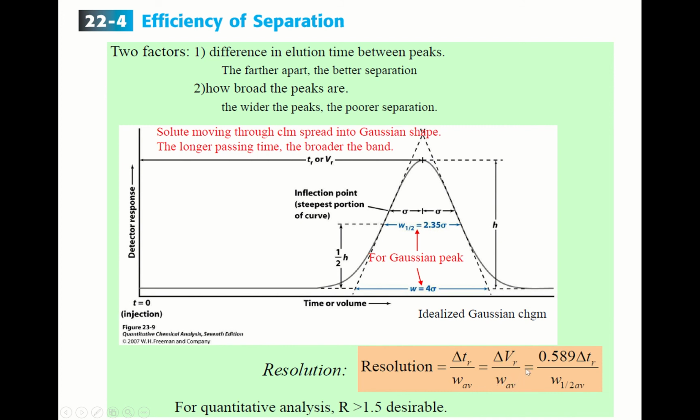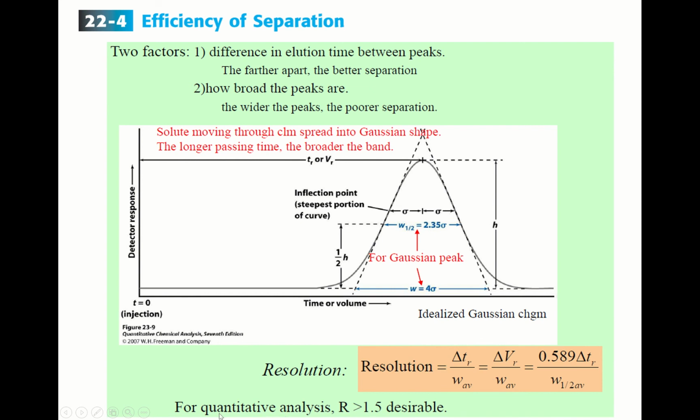And this equals 0.589 multiplied by delta TR divided by W one half, average. That's the resolution of chromatograms.